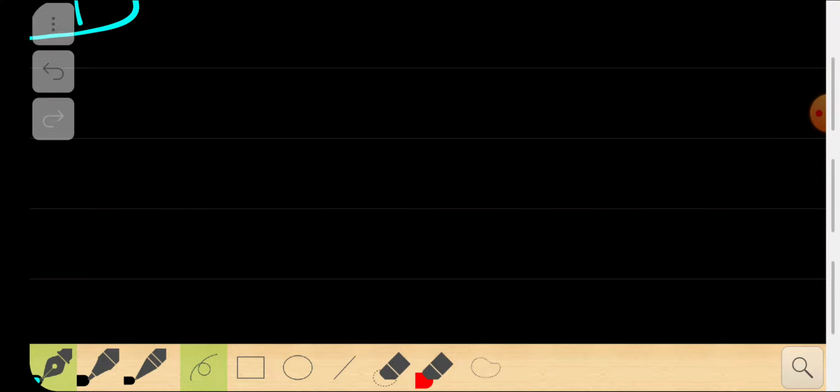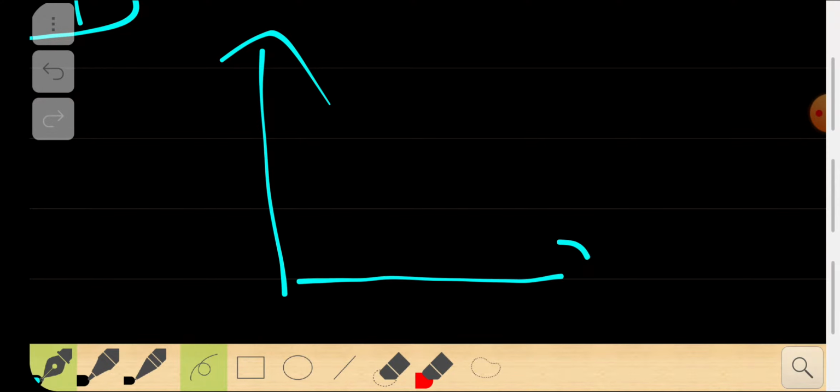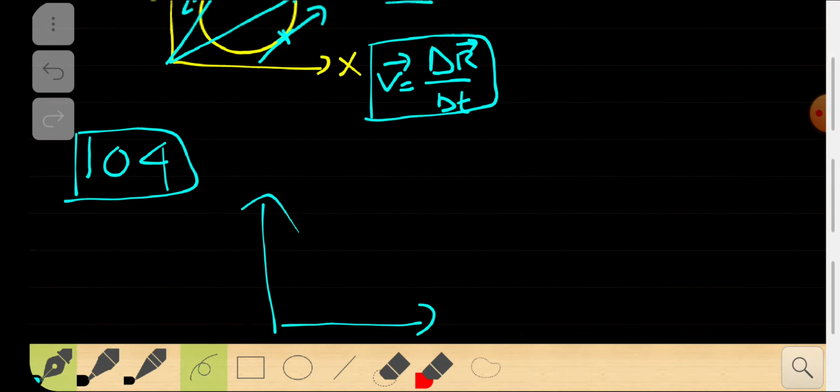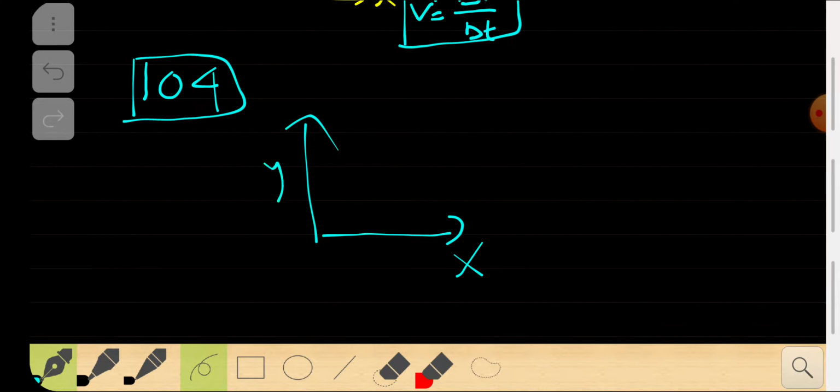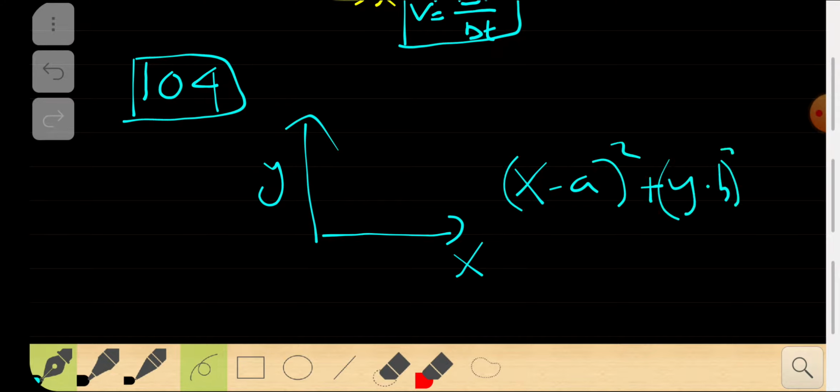If you have a circular path, which I have discussed here, an equation of a circle can be as simple as x minus a the whole square plus y minus b the whole square equal to r square, right? So this is the basic equation of a circle.